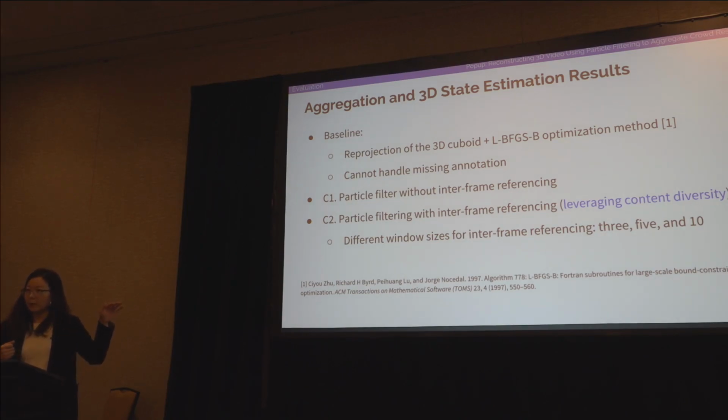We compared that with the baseline, which doesn't use particle filtering but still uses the state-of-the-art optimization method to estimate the 3D states. But the baseline couldn't leverage the content diversity, so it couldn't handle missing annotations. And we also compared that with particle filtering without leveraging content diversity.